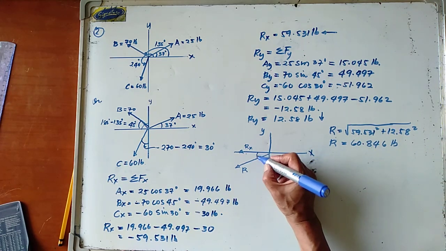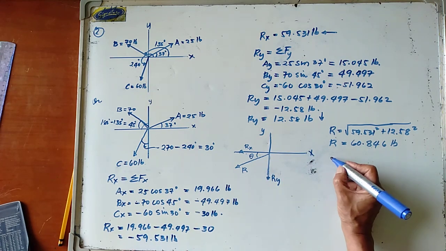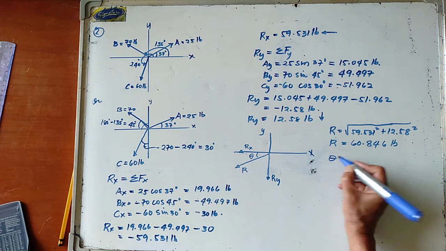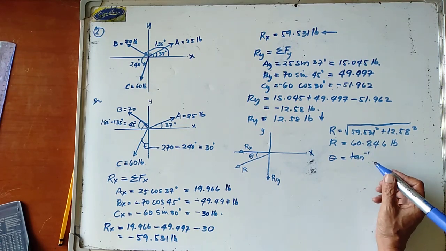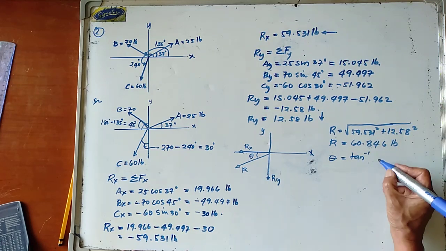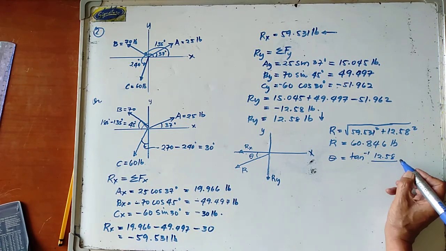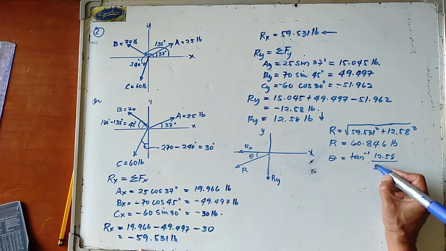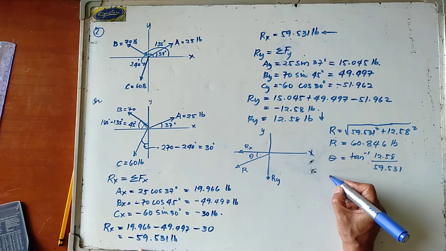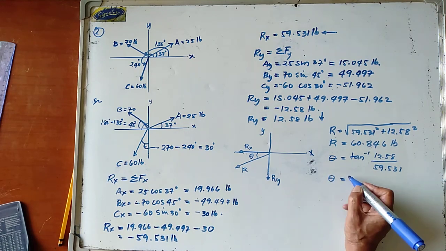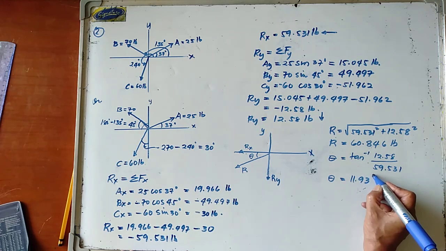The resultant R makes an angle of theta with the negative x-axis. So your theta is equal to the arc tangent of Ry over Rx, which is 12.58 over 59.531. So your theta is equal to 11.93 degrees.